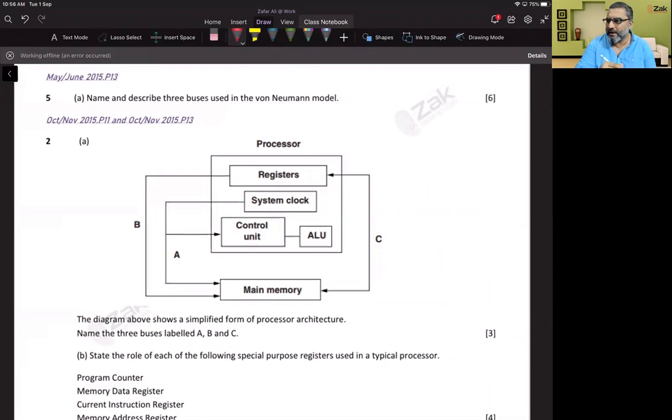So this A is actually, what does it say? The diagram above shows a simplified form of processor architecture. Name the three buses labeled A, B, and C.